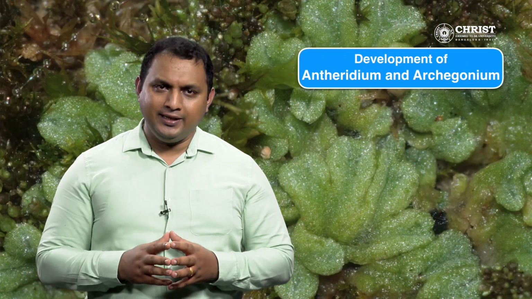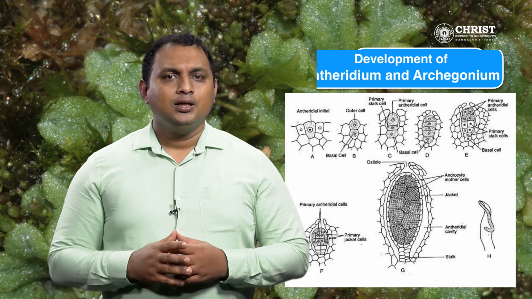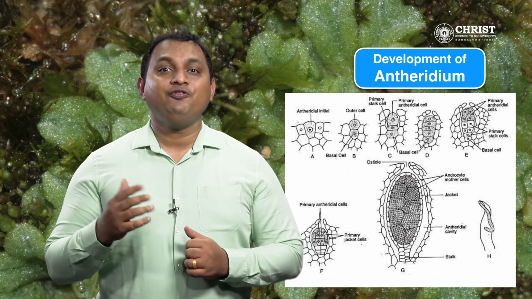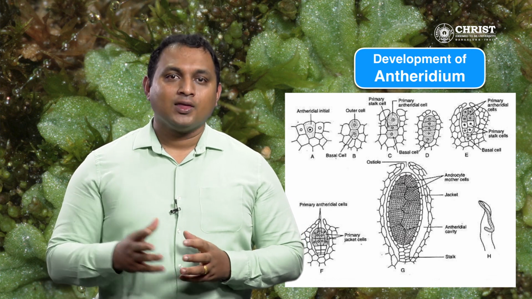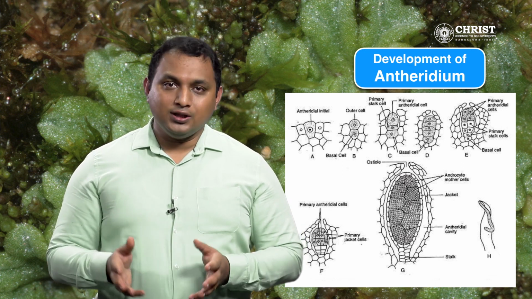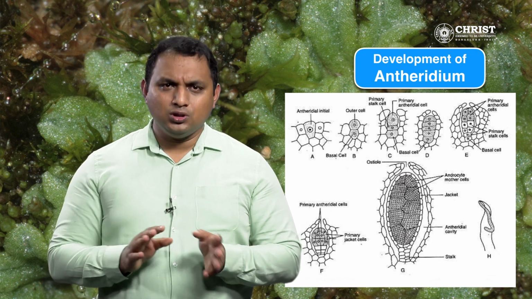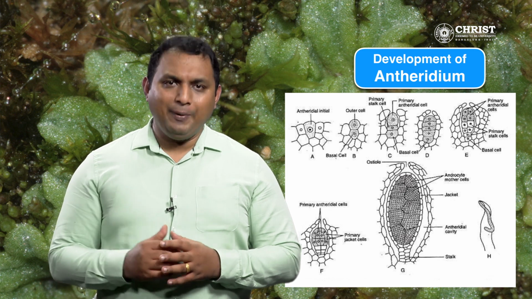Now we will discuss about the development of antheridium and archegonium. The development of antheridium starts from a superficial antheridial cell situated on the dorsal surface of the thallus. It is a few, 2 to 3 cells away from the apical cell.